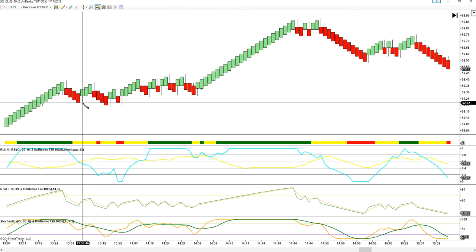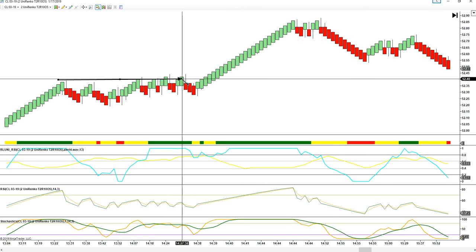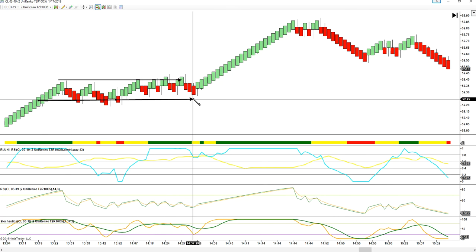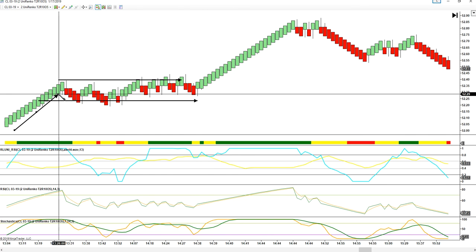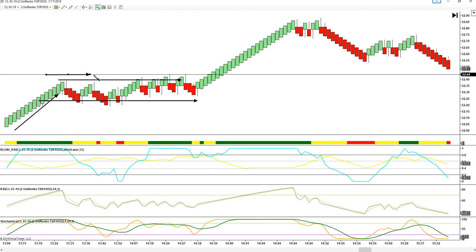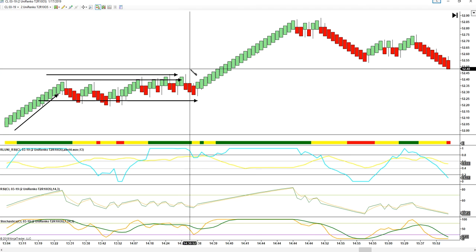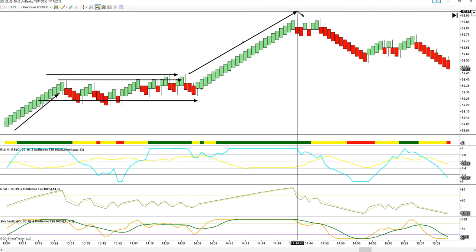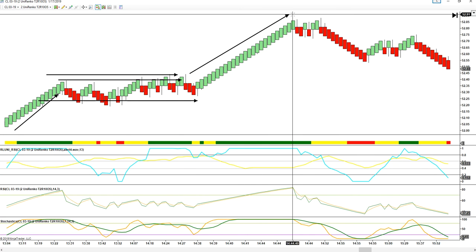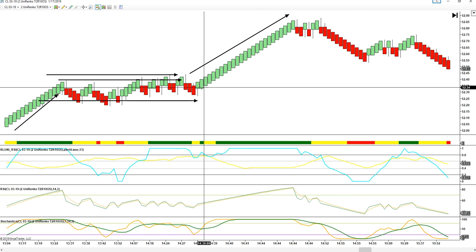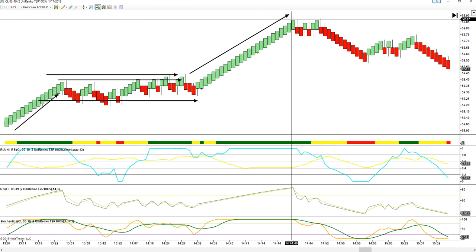Here's a good one. Now, this is a trade right out of consolidation. Price comes up, consolidates, and then continues up. It's a great trade. Consolidation almost always breaks to the upside.